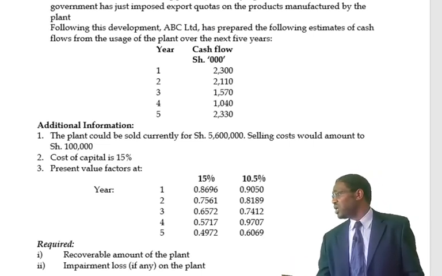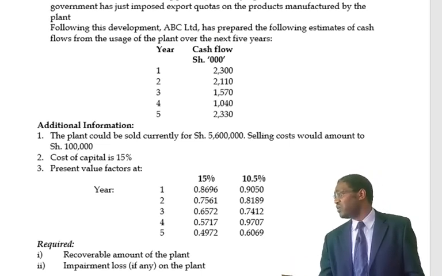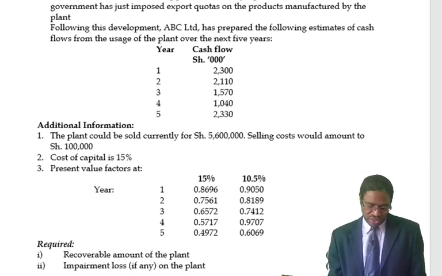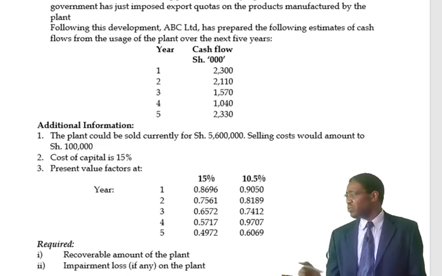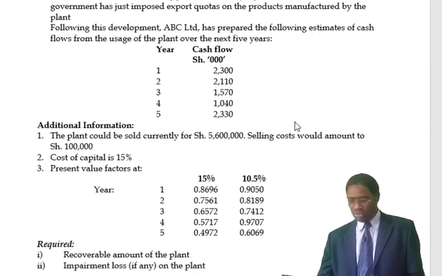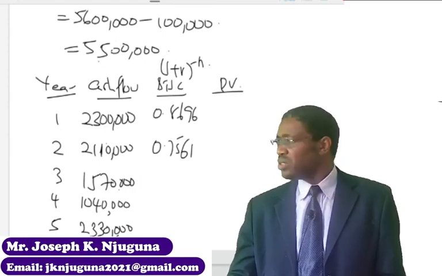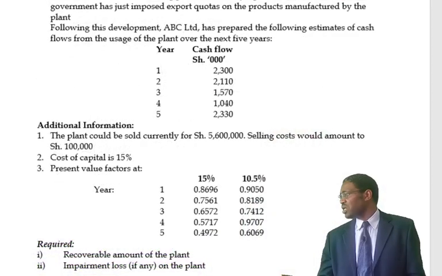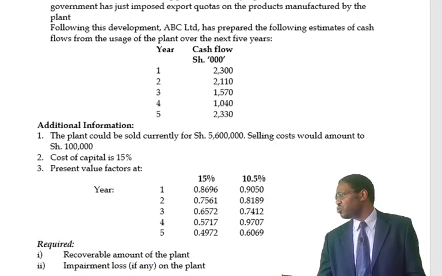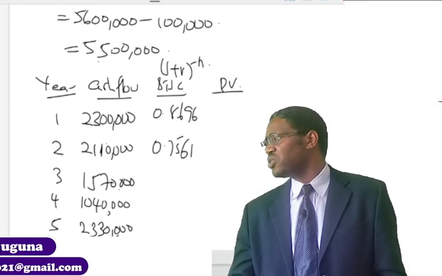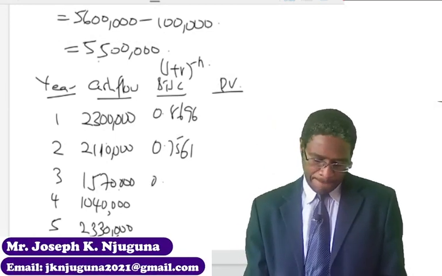So now we can pick the others. From the other one, they are giving me 0.7561. The other one, they are giving me 0.6575.